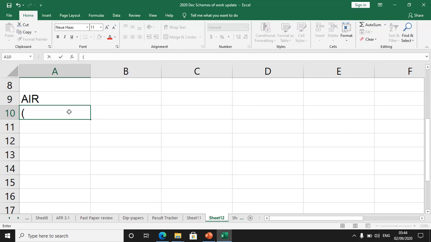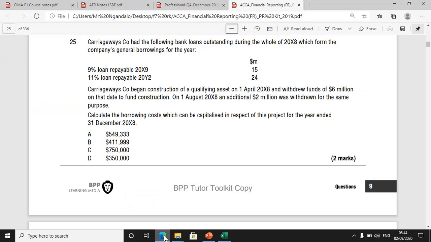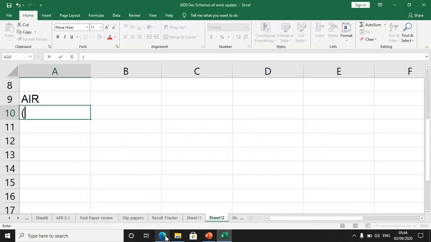I'm going to suggest that we do the following. When I look at your options there, I'm seeing some figures. So let us just write some things there. Say 9% goes with 15 million and 11% goes with 24 million.